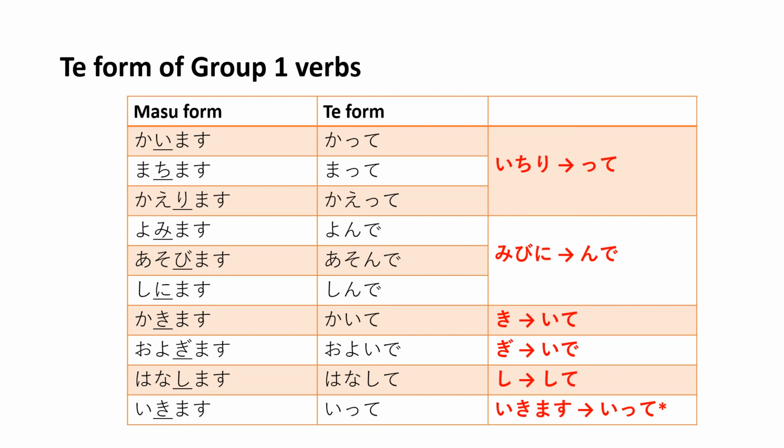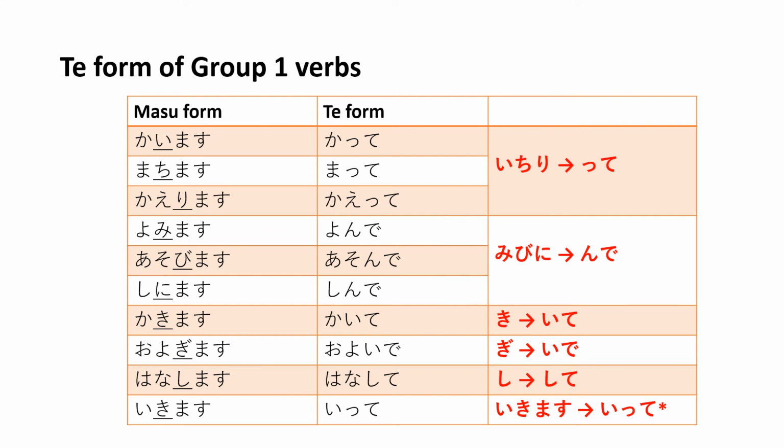The second group, yomimasu, becomes yonde, to read. Asobimasu, to play, asonde. Shinimasu, to die, shinde. Hiragana before mas form is mi, bi, ni. They will be replaced with nde in te form. Yonde, asonde, shinde.